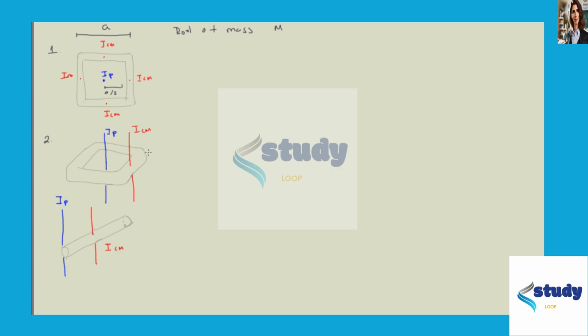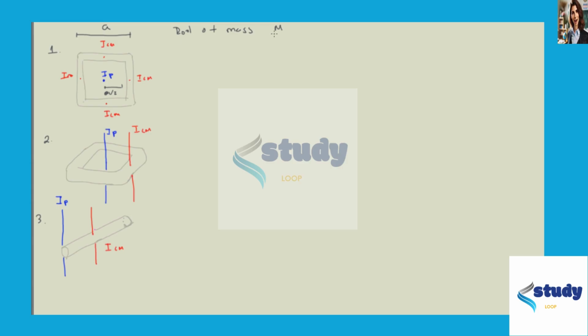Now, this is easier if I think of this as a single rod, and then I add up the contribution of all the rods, which at the end is the same because they are equal. So I have a length A for each of the sides. You can see that the distance from the center of the square to one of the rods is A over 2.